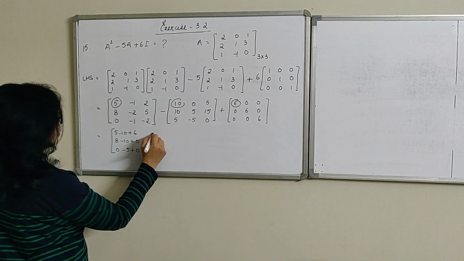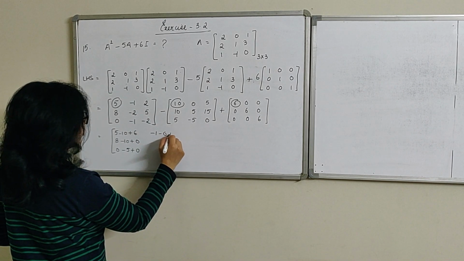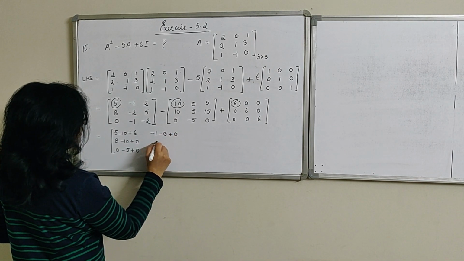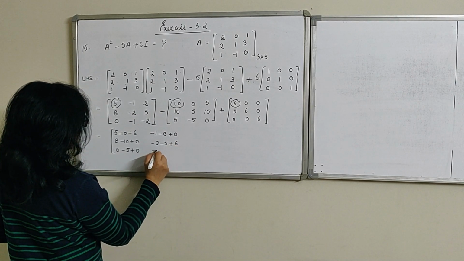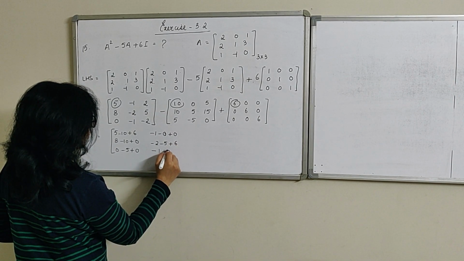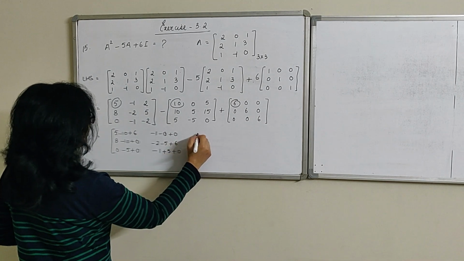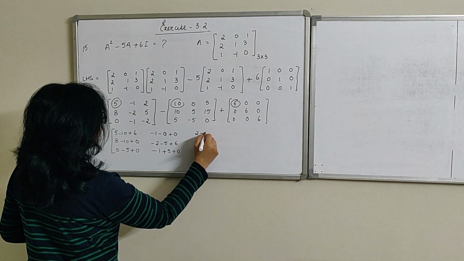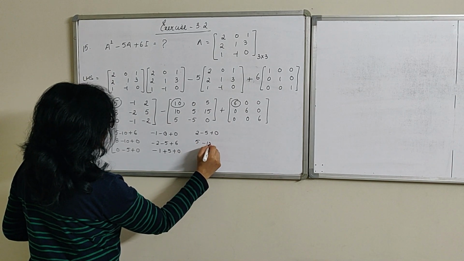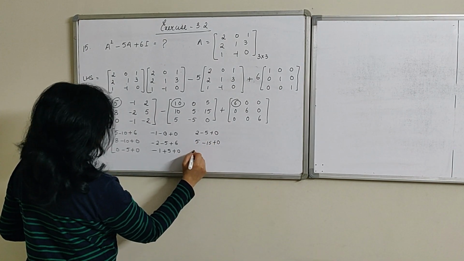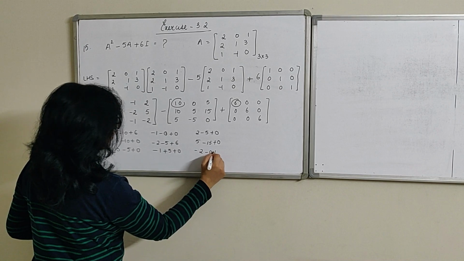Next element minus 1 minus 0 plus 0. Minus 2 minus 5 plus 6. Minus 1 plus 5 plus 0. Then 2 minus 5 plus 0. 5 minus 15 plus 0. Minus 2 minus 0 plus 6.